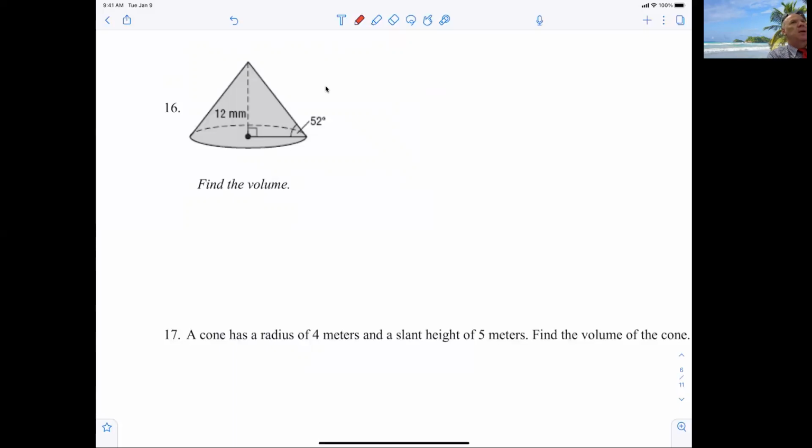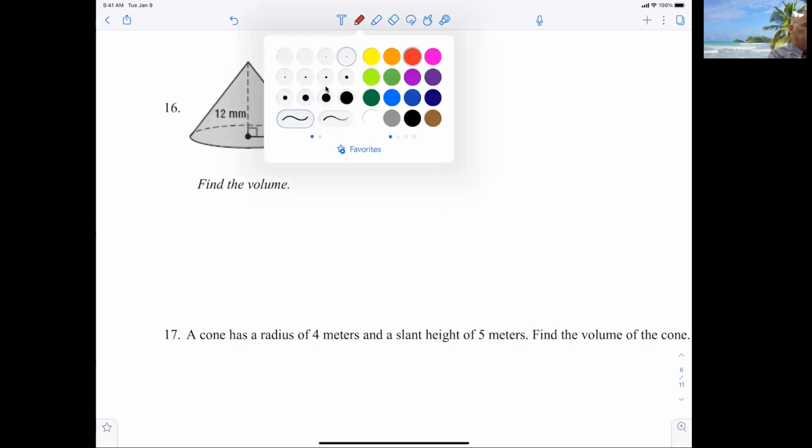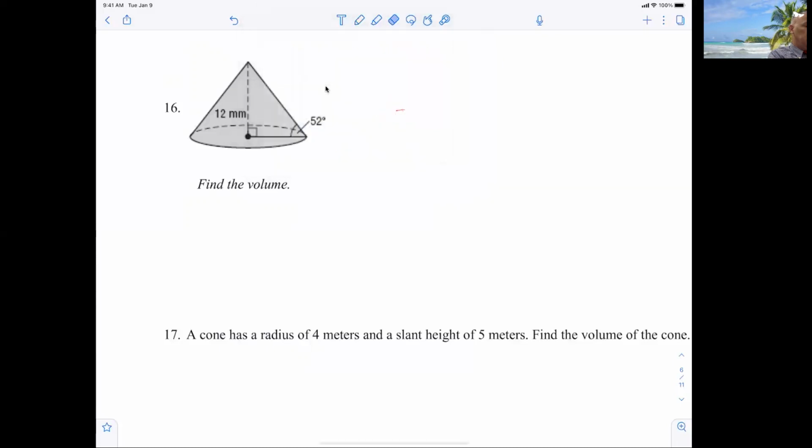So number 16, I need to figure out R. How do I figure out R? Good. Tangent of 52 is equal to what? Yeah, 12 over R. So R is equal to 12 divided by the tangent of 52.